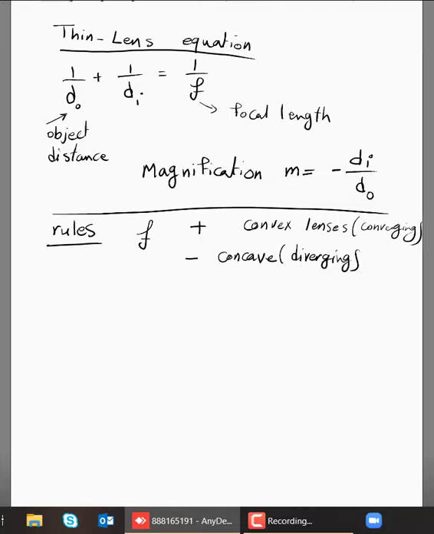Okay, magnification. Magnification is positive if the image is upright, and it is negative if the image is inverted.